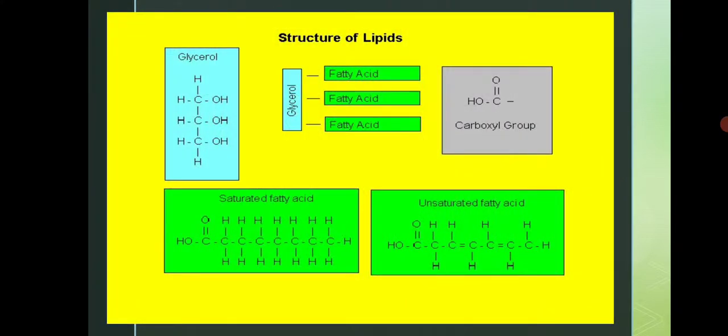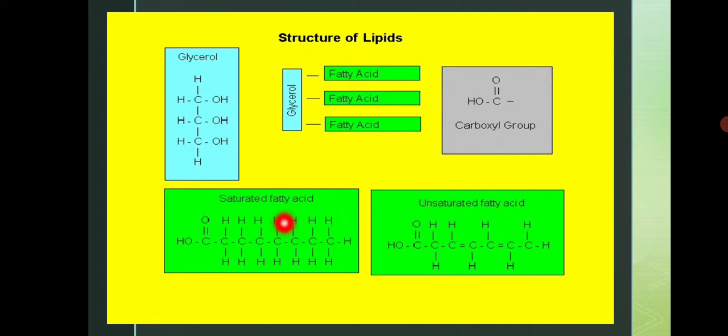If we see the structure, then the majority is carbon and hydrogen. In rare amount oxygen is present. So these are the structures of lipids, or you can say examples of lipids. Examples like glycerol, triglycerol, then carboxyl group.